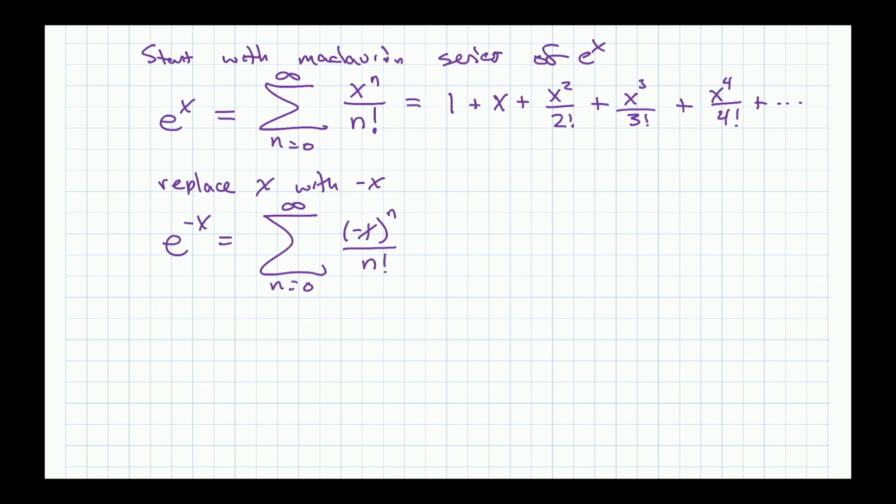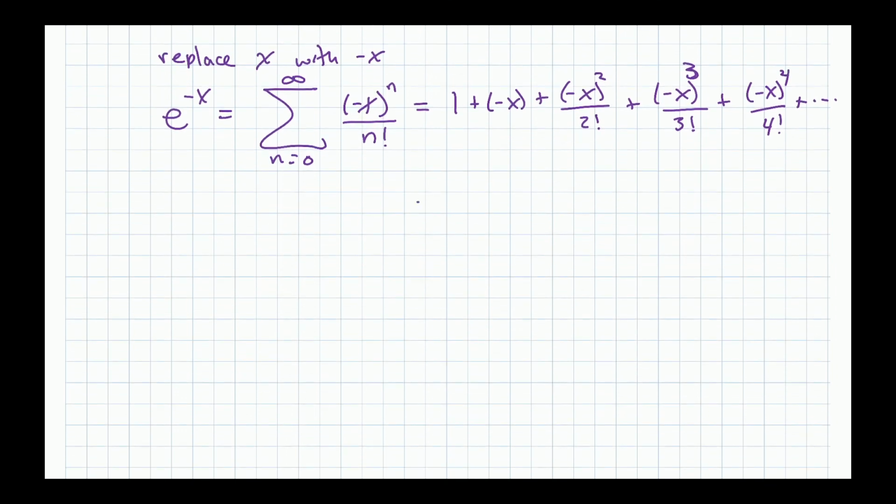And if you work that out to see what happens here, you get 1, and you're replacing all of the x's with minus x. So I want to write this out so I can show you something.